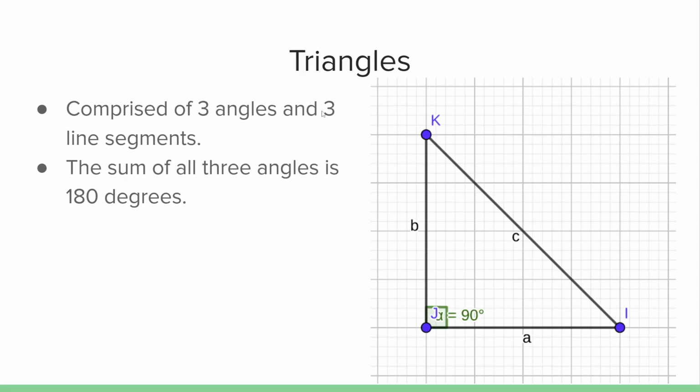Okay. So, review muna tayo with triangles. Alam niyo naman, ang triangles is comprised of 3 angles and 3 line segments, where the sum of all angles is 180 degrees. E, paano square? What is the sum of all the four angles in a square?